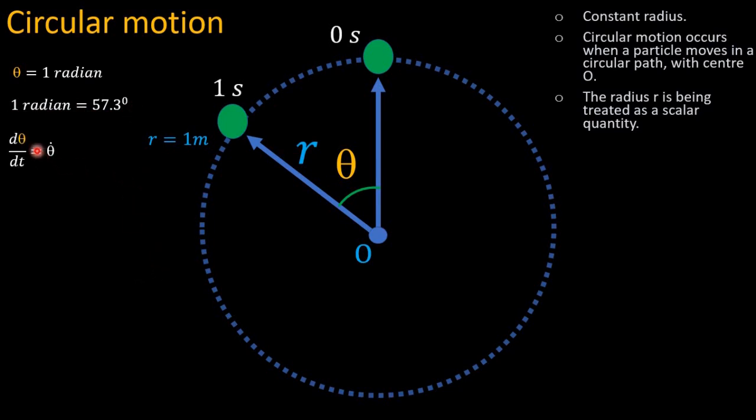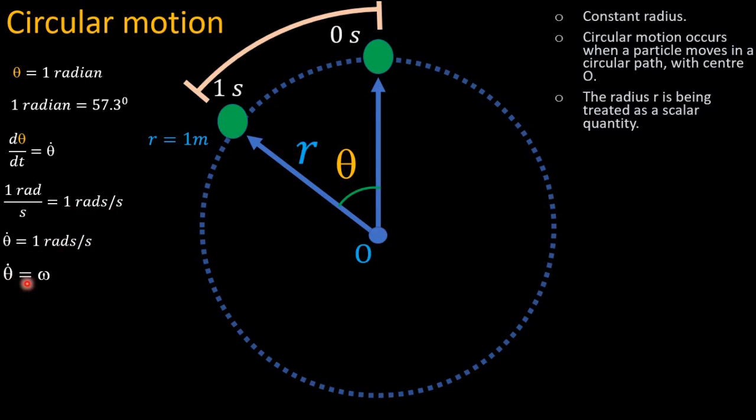We say d theta dt is going to be theta dot. Theta dot is just the angular velocity of the particle. So how many radians per unit time does it displace? In this case, in 1 second, it's covered 1 radian. So that means we can say that the angular velocity is 1 radian per second. So therefore theta dot equals 1 radian per second, and that is the angular velocity.